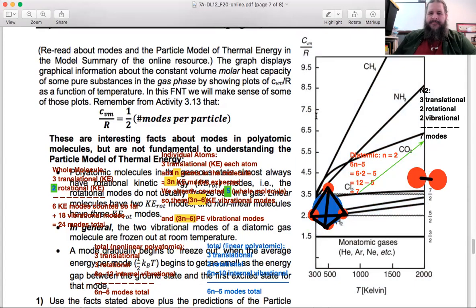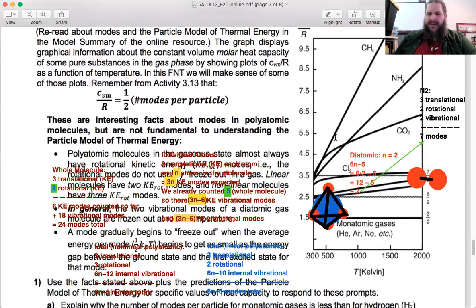But this rise in each one of these graphs, as we increase the temperature, we're increasing the number of modes that are available because we're unfreezing the modes. And for any given molecule, that's going to be an all at once thing. There's going to be some temperature shift where this molecule goes from vibrational modes frozen out to vibrational modes are active.